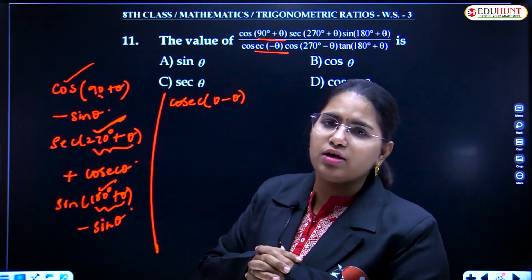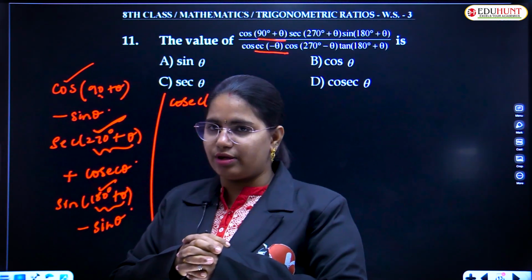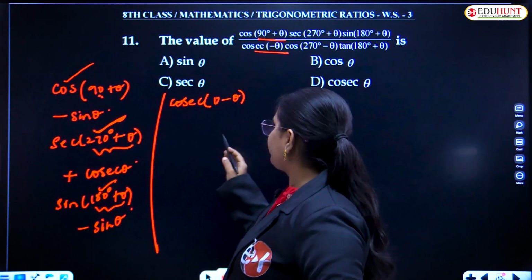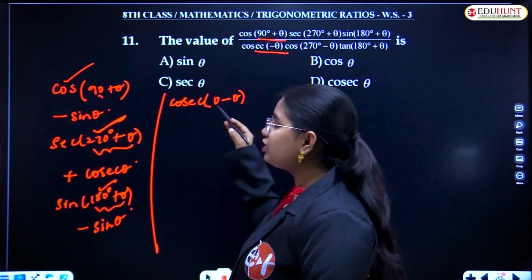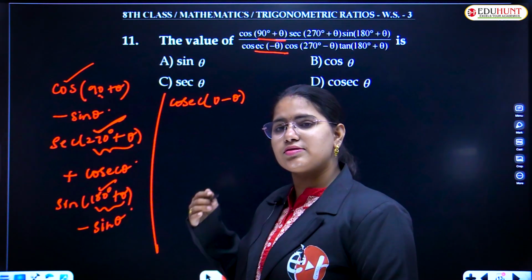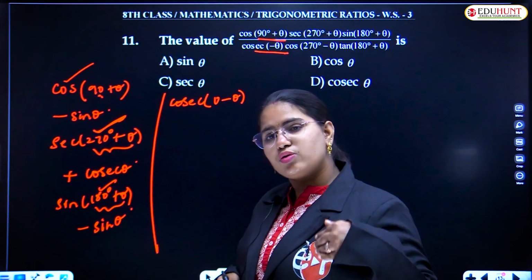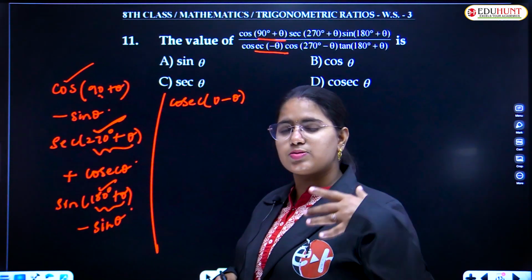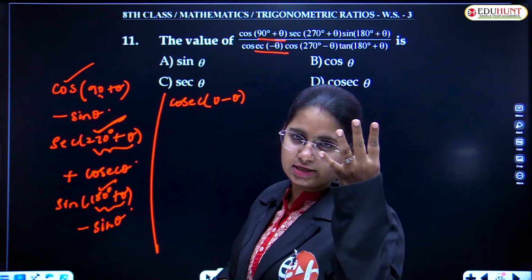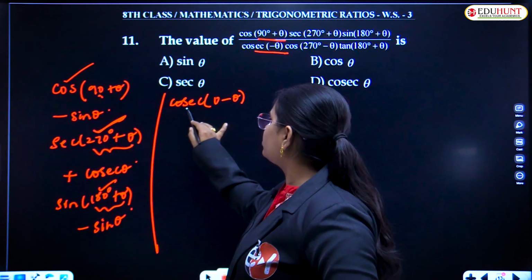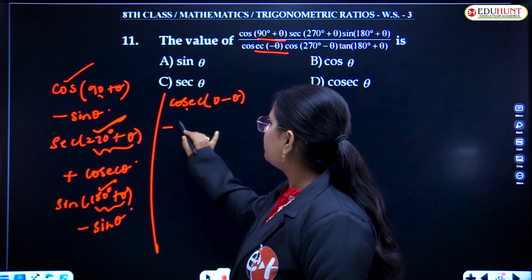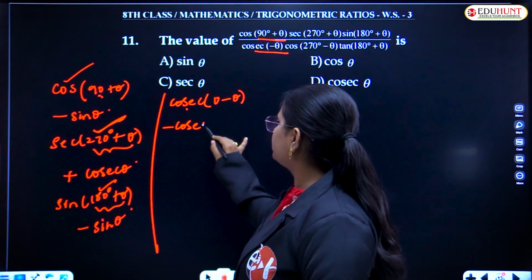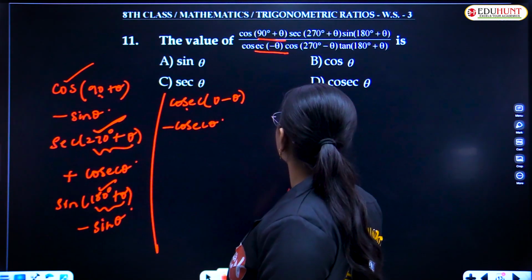If it is smaller than 0 degree, which particular quadrant does it lie in? The angles smaller than 0 degree lie in the fourth quadrant. In the fourth quadrant, cosecant is negative. So this will become minus cosecant theta.